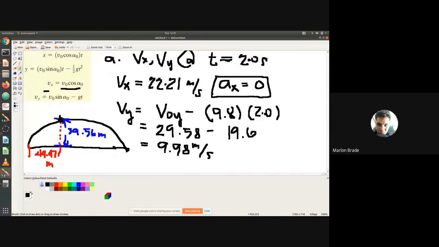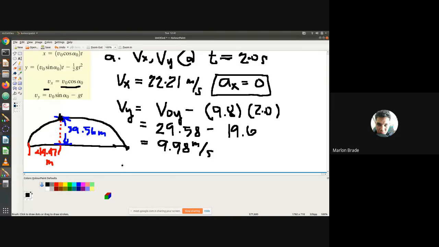So what we do para makuha ang magnitude sa velocity vector is the square root of 22.21 squared plus 9.98 squared. Okay?